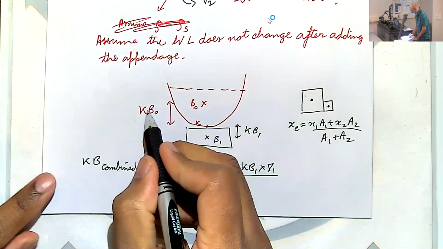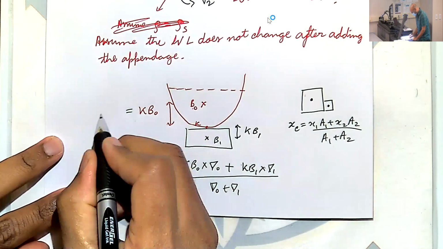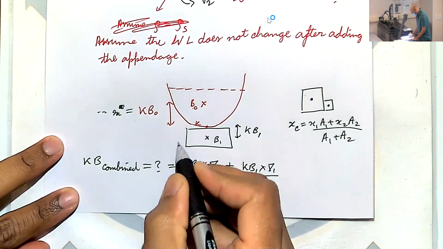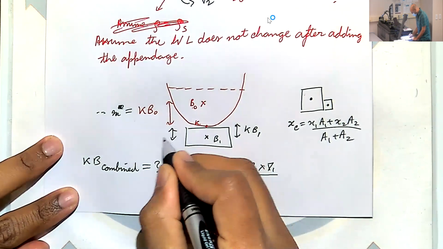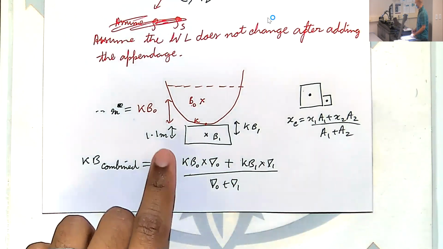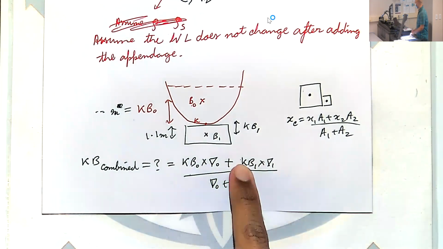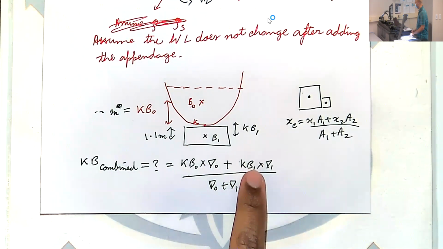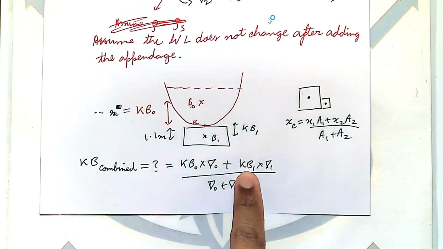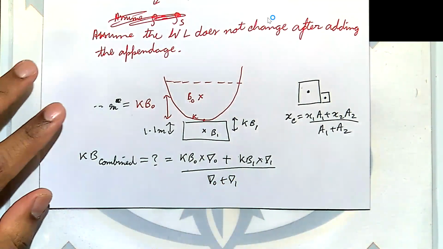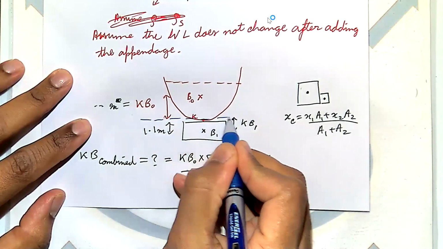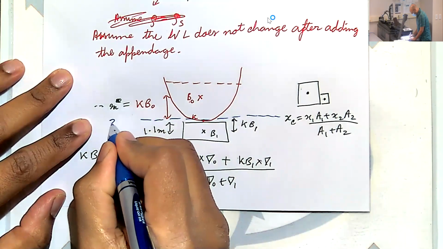You've already computed KB0 however many meters it may be, and the new one is given as 1.1. There's just one thing you have to be careful of. Should I put a plus or a minus here? Minus, because it's going below. Correct. The keel line is my zero line, so this is z equals 0.